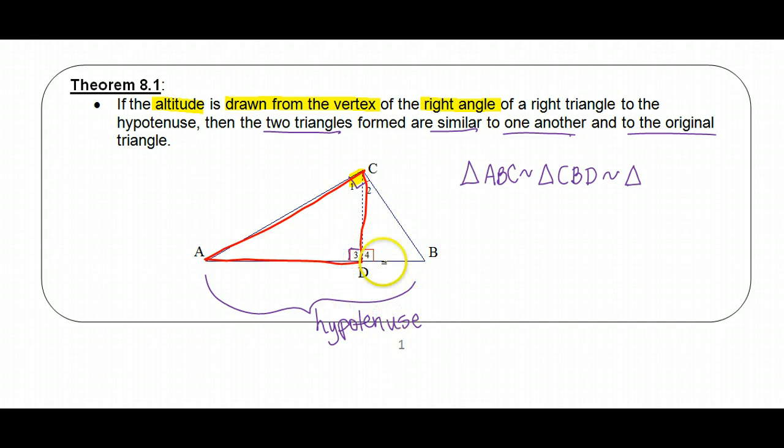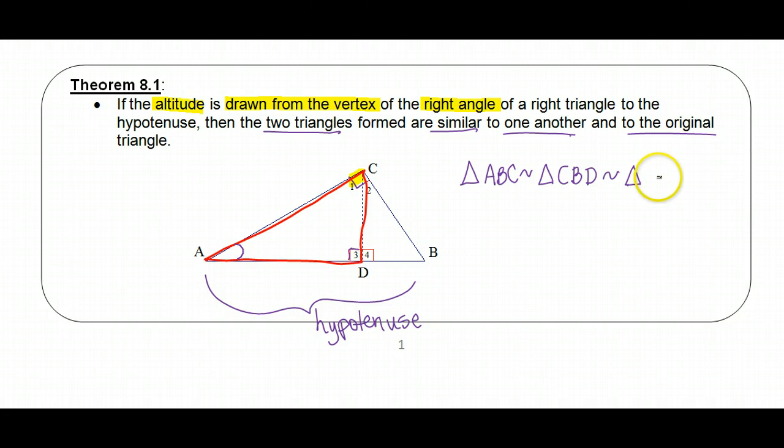Angle 3 is a right angle, and then that angle C up top is a right angle. What angle do they both share? Angle A. Do we see that? So by angle similarity, this triangle that I traced in red is similar to the big triangle. Therefore, this triangle is similar to the small one, and they're all similar to the original.